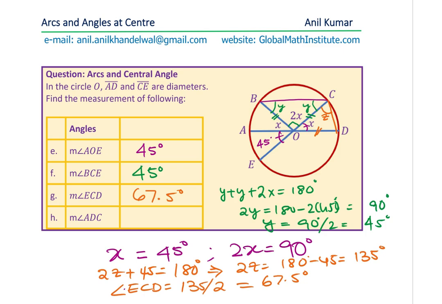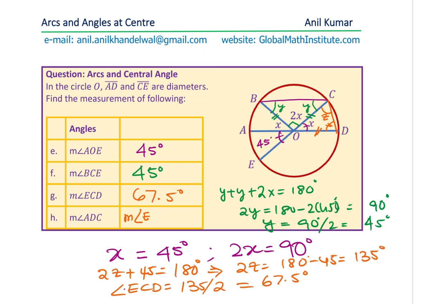Now let's look into the last part of this question, which is to find the angle ADC. So ADC is the other angle, which is also equal to z, right? So this is equal to the measurement of angle ECD, right? Because that is an isosceles triangle, it is the same as the measurement of angle ECD.